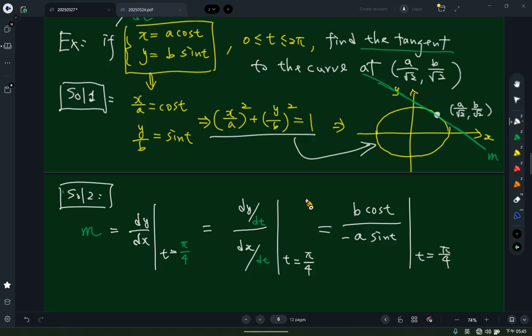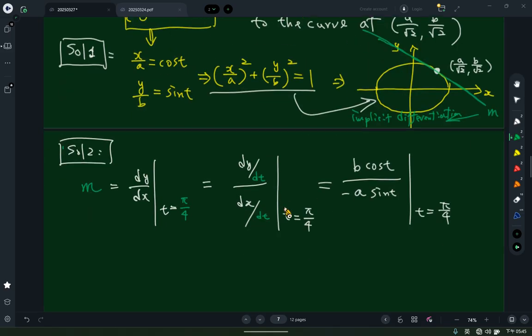So in solution one, we use implicit differentiation to get it. But for solution two, we get the slope by using these two parametric equations. So based on this, we can get the slope is negative b over a.